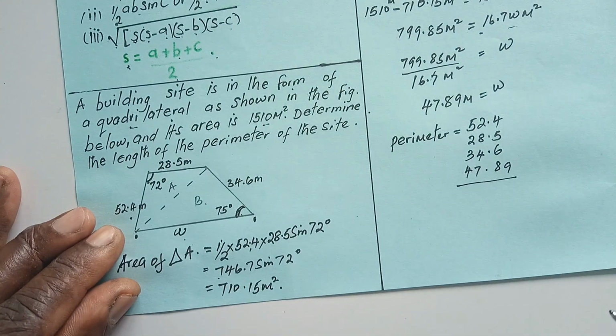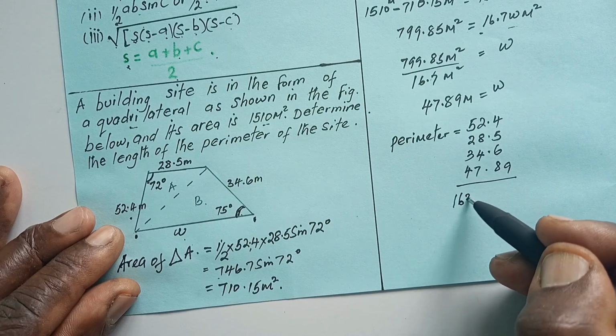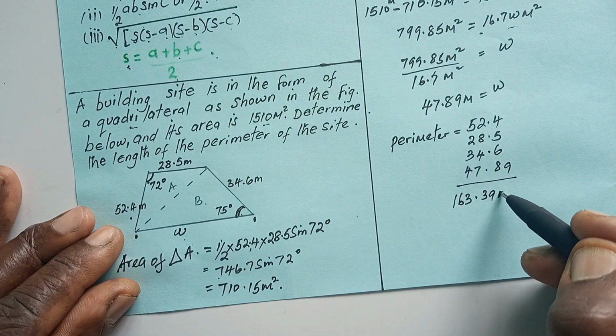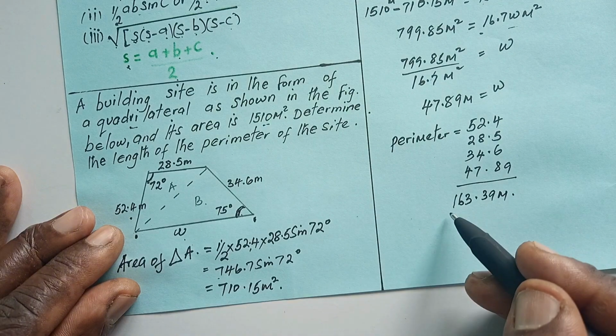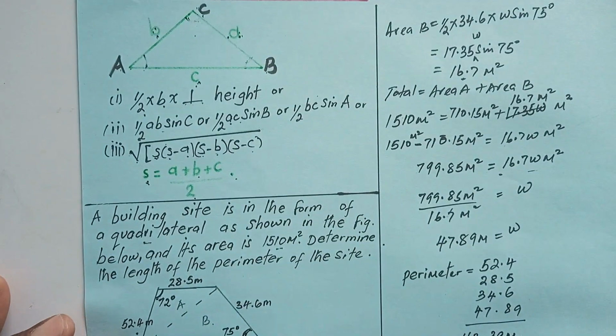So when you add, you get 163.39 meters. So this is the distance round our object.